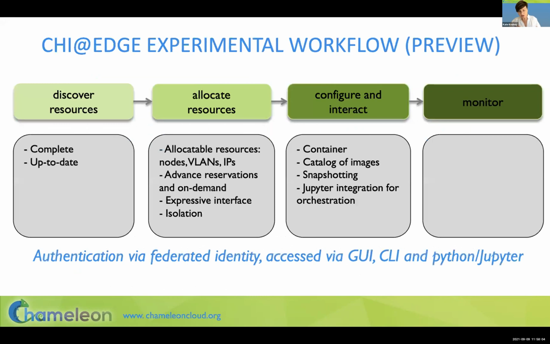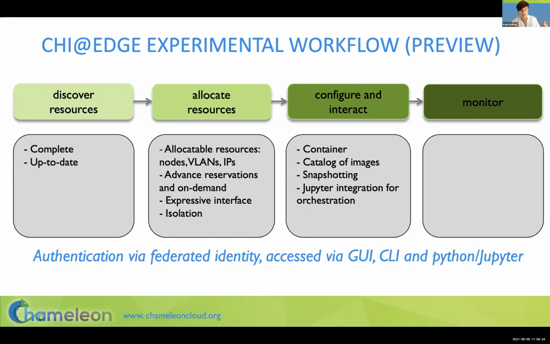So what do those capabilities look like in detail, right? The last slide presented an outline. I typically talk about testbeds in terms of support for an experimental workflow where you have a hypothesis, you discover resources, allocate them, and then ultimately you configure them in some way. Well, our discovery services right now are relatively basic, but for allocation with CHIEdge, you can rely on pretty much everything that you get in the main Chameleon testbed, right?